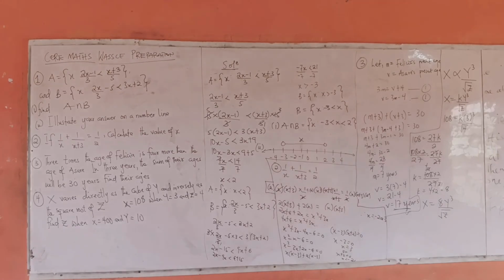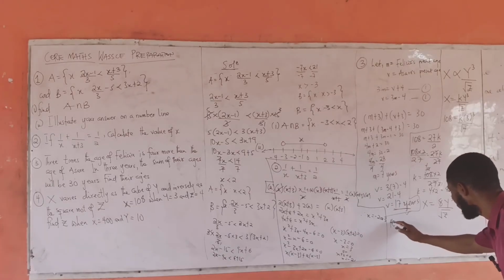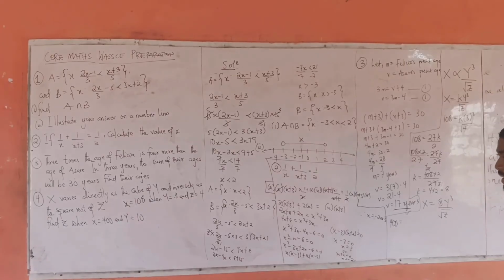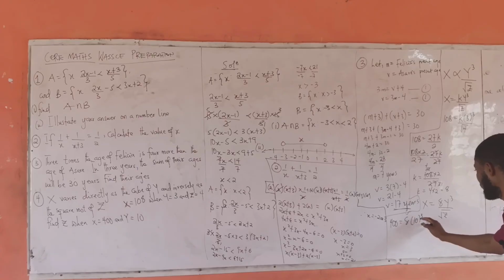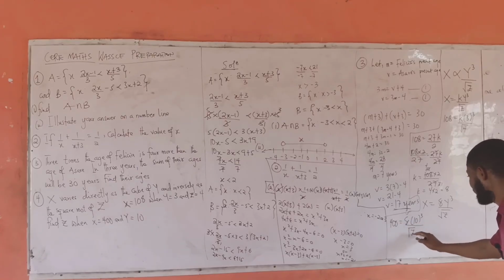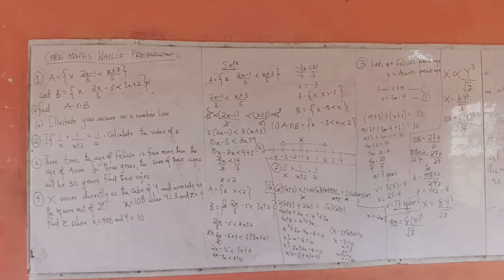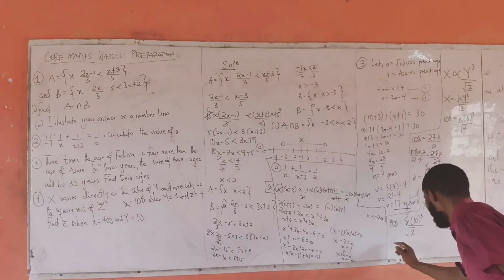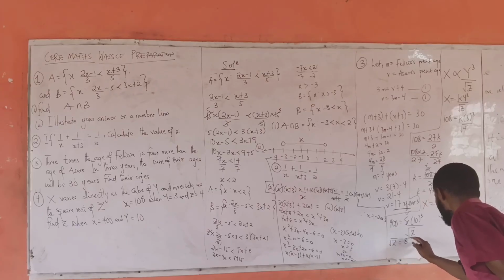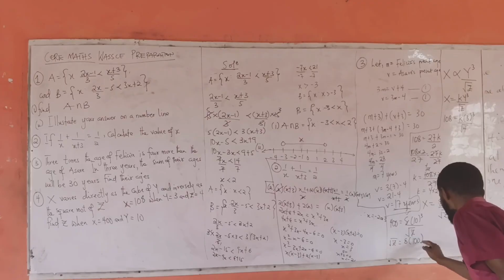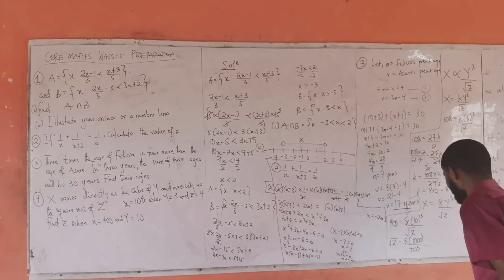The question says you should find z when x is equal to 400 and y is equal to 10. So what would be the value of z? That is what you want to find. So cross multiply: root of z is equal to 8 times 1000 all over 400.